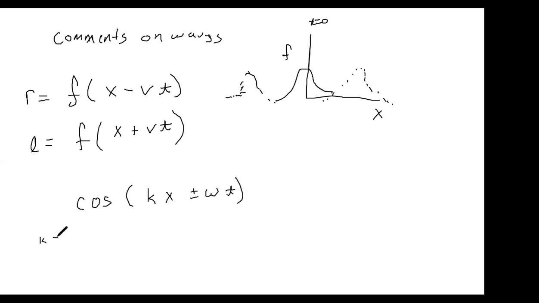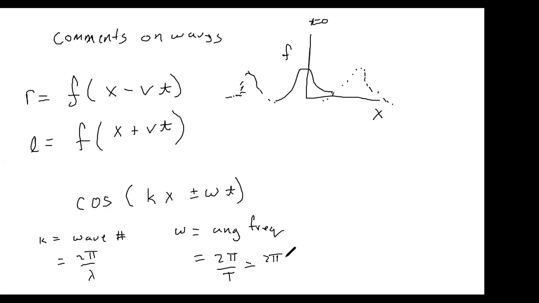K is called the wave number, and it is 2 pi over the wavelength, the size of the wave. Omega is angular frequency, which equals 2 pi over the period, or 2 pi f.